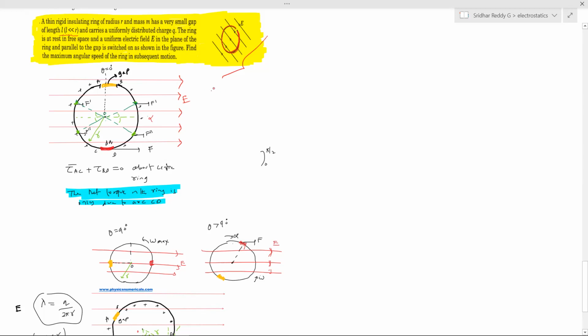The ring is hinged about O, so it can have only rotational motion. The ring can rotate about point O, about its center.